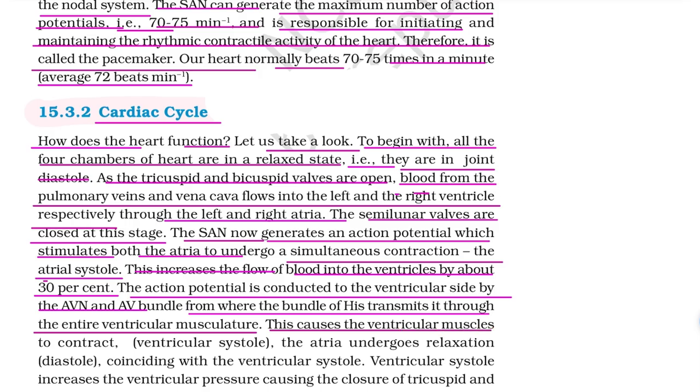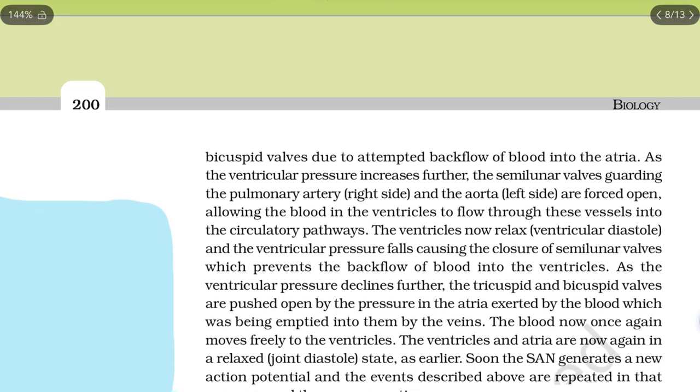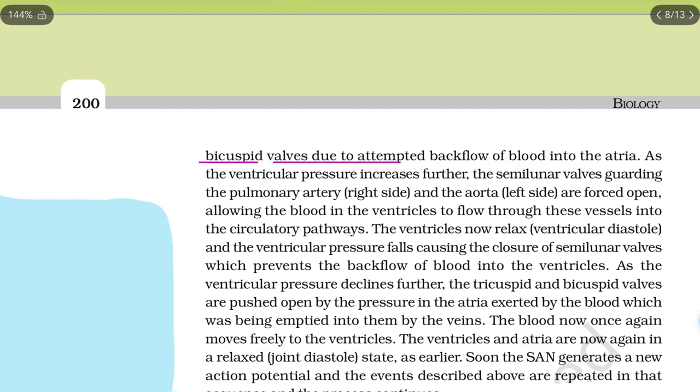This causes the ventricular muscles to contract. The atria undergo relaxation, diastole, coinciding with the ventricular systole. Ventricular systole increases the ventricular pressure, causing the closure of the tricuspid and bicuspid valves due to attempted backflow of blood into the atria.